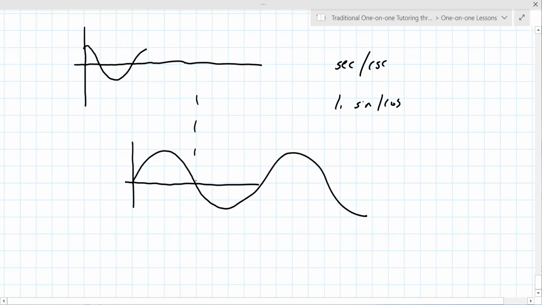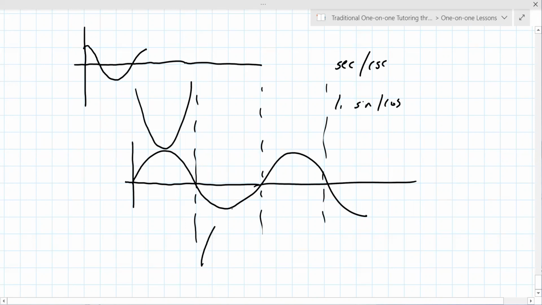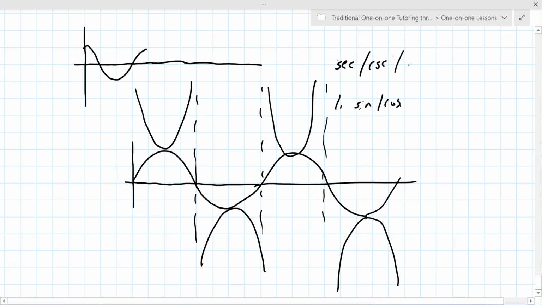You would first figure out the vertical asymptotes wherever it crosses the axis. And then you draw these U's there in between. Hopefully you're seeing that in class. So to do secant and cosecant, you got to graph sine and cosine first. For cotangent and tangent, they're off to the side. They're their own animal altogether. Very different, but this is important.